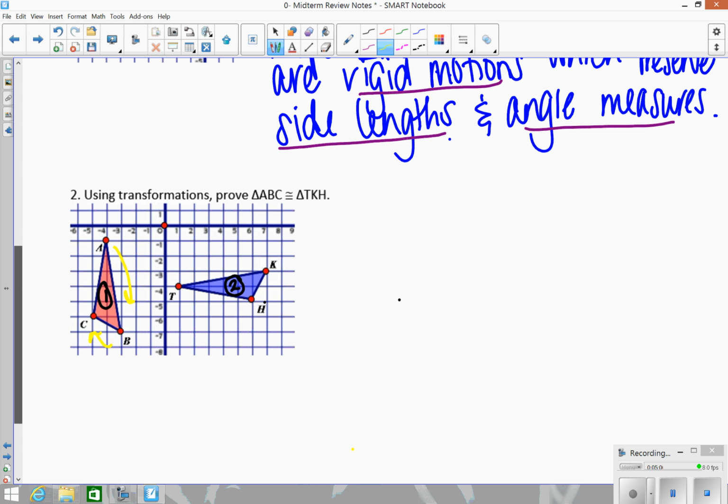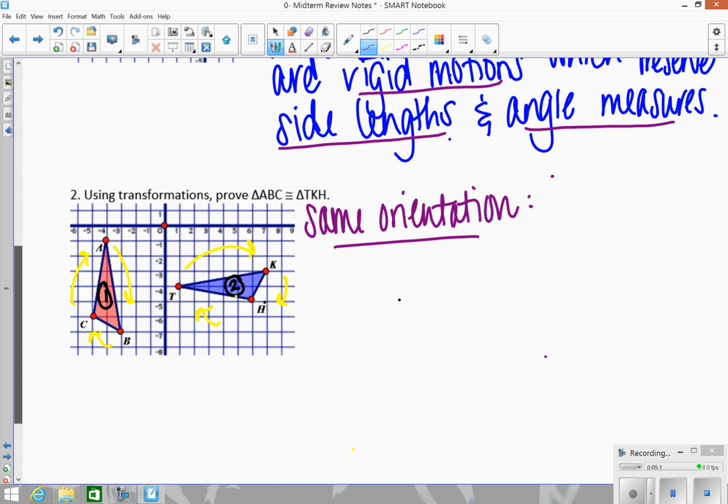So I'm going to look at my orientation. So A to B, B to C, and then go over to the other one, T to K, K to H. So overall, look at the direction of the arrows, same direction, so same orientation. So same orientation means that this was either translation or rotation. So then you ask yourself, did the position change?